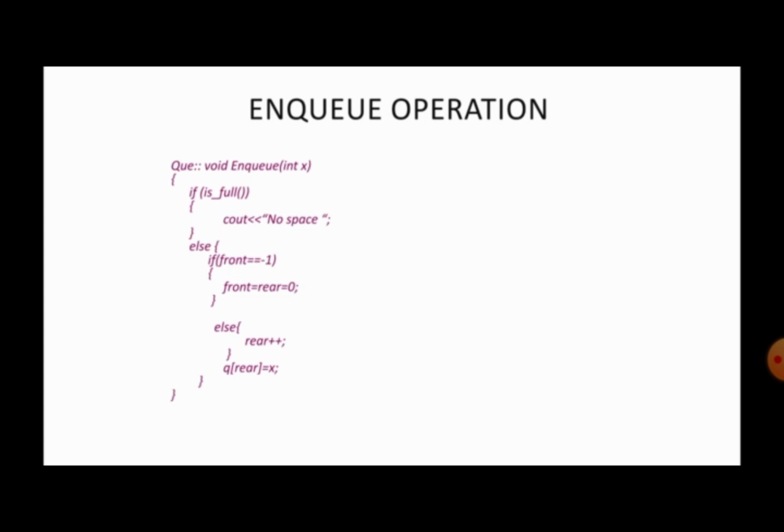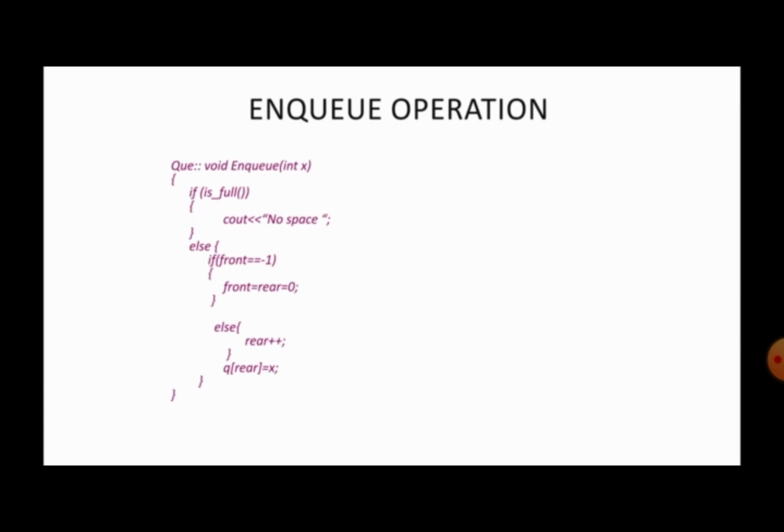Similar to that, if a person arrives in the queue and is first and last, that means there is only one person in the queue, or only one element in the array. So he is first and he is also last. Applying that concept, we are assigning front is equal to rear is equal to 0. Both will point to index 0, as there is only one value in the queue, which is at index 0.